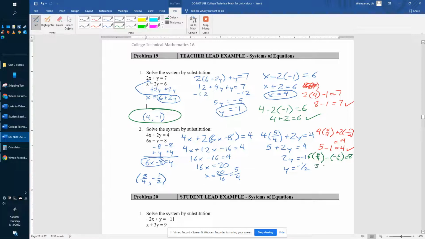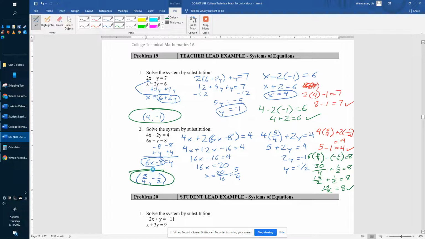Let's just start there. 30 over 4 plus 1/2 equals 8. 30 over 4 reduces to 15 over 2 plus 1 over 2 equals 8. We get 16 over 2 equals 8, and that is true. So this is indeed our answer.